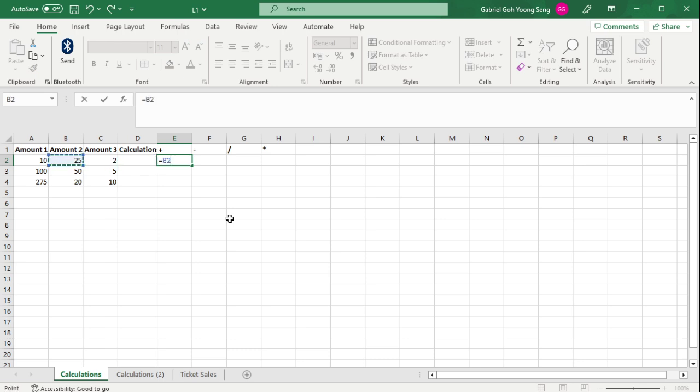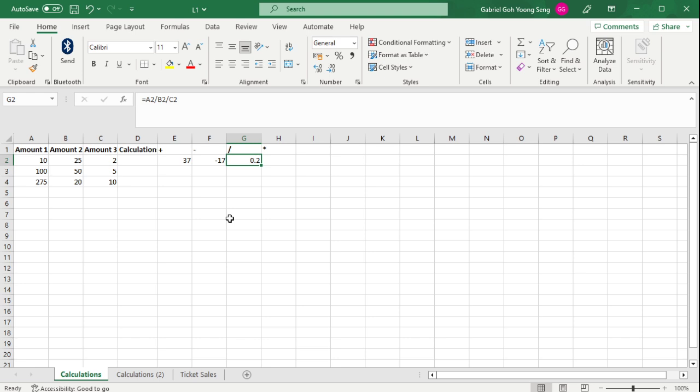So if I put plus, 10 plus 25 plus 2, we will get 37. Whereas if I do the other way, minus again. So you can see here, if you use your calculator, you will be able to see how it works. You'll be able to get the same answer. So Excel is generally a very big calculator, a calculator that can do multiple.